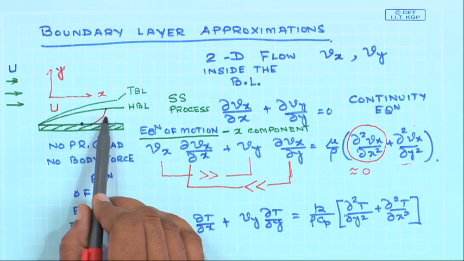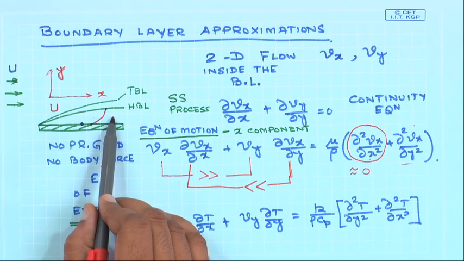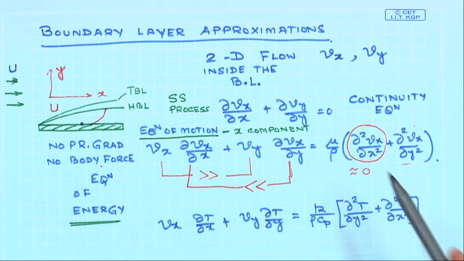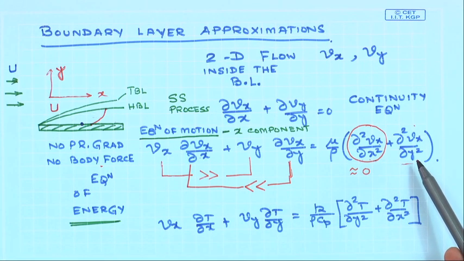Now velocity gradient in this direction is small as compared to the velocity gradient in this direction. So the diffusive transport of x momentum in the x direction is very small as compared to the diffusive transport of the x momentum in the y direction.